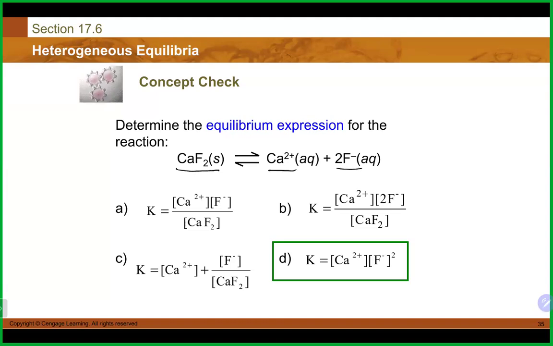In terms of the equilibrium here, we will use our products over reactants. So here, just our product F, and we do need to square it. Once again, the solid will not be included. So as the boxed one shows, that would be the proper equilibrium expression in this particular case. Any questions on that one there?